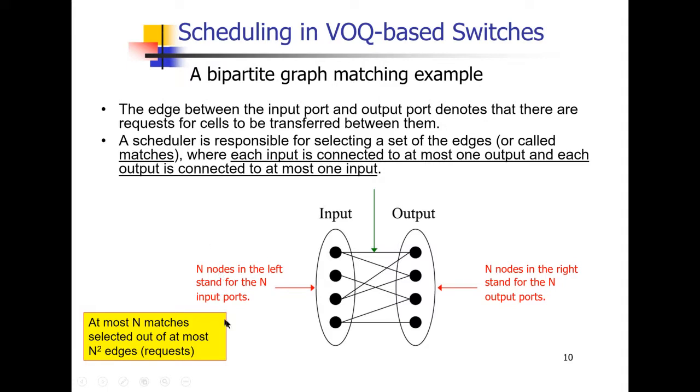So potentially we can have n square edges in the graph that represents the requests, but we can have at most n edges in the graph which represents the matchings. So the role of the scheduling algorithm is to map the graph of the requests onto the graph of the matching.